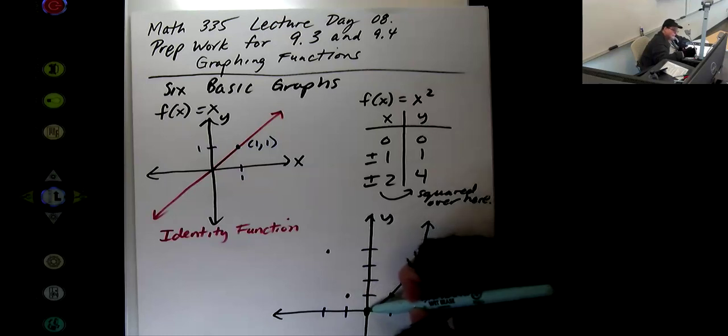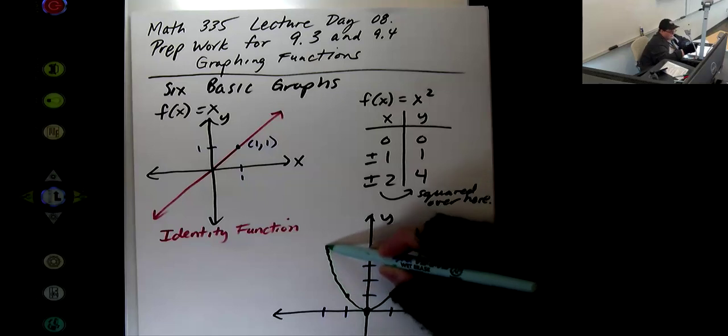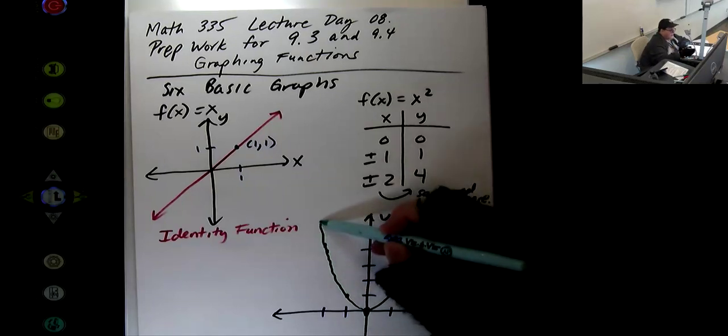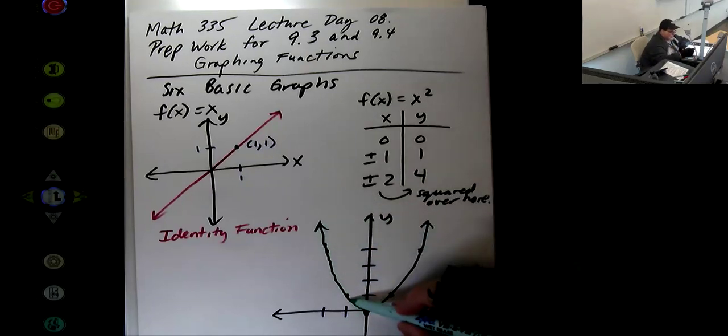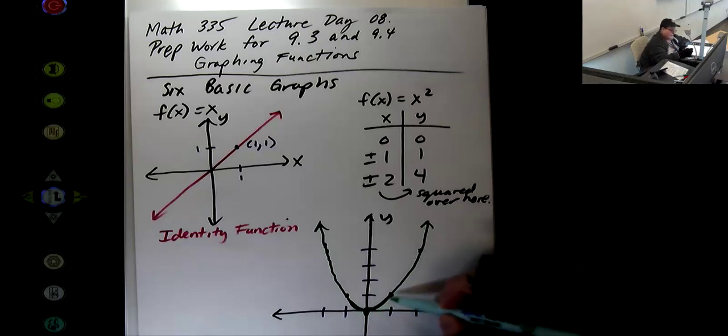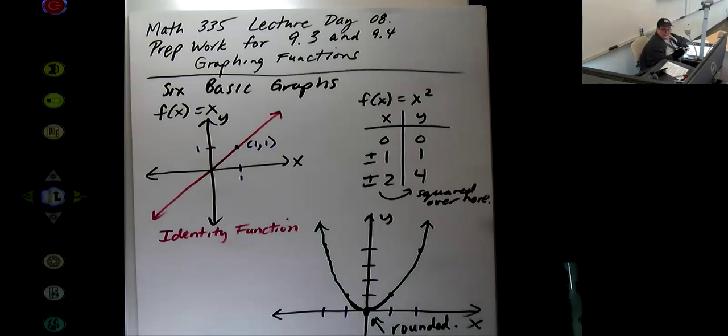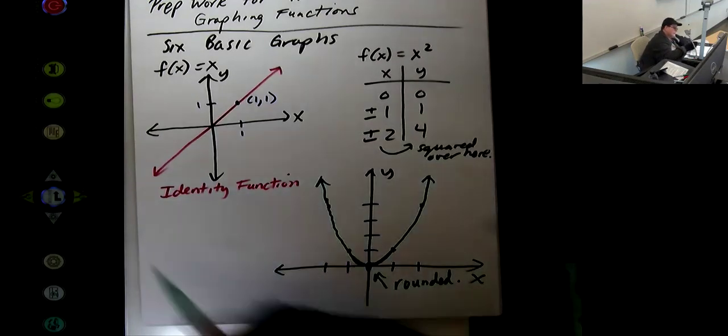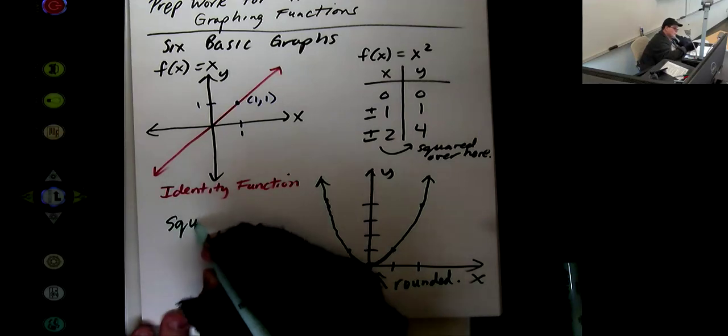And this is, wow, my hand's all wiggling. This should look like it's curved, it's rounded down here. It's not a crisp point. This is called the squaring function.